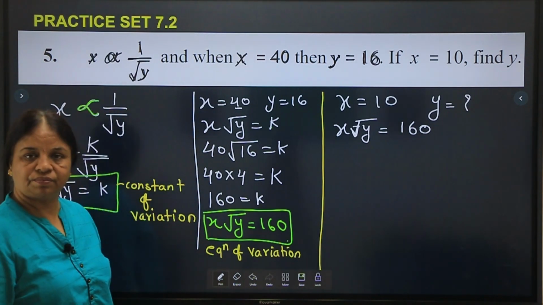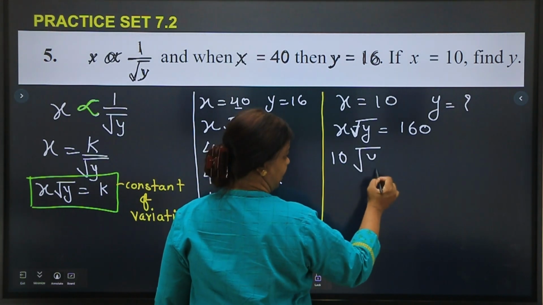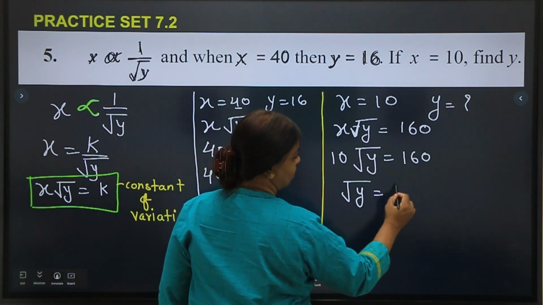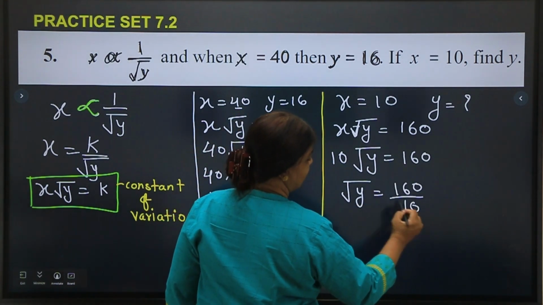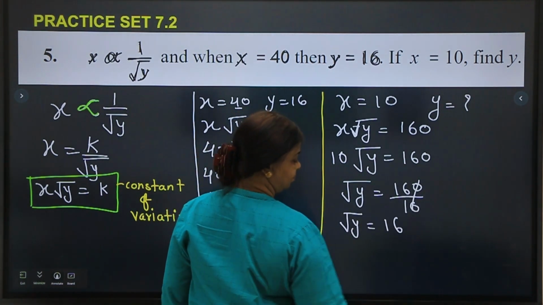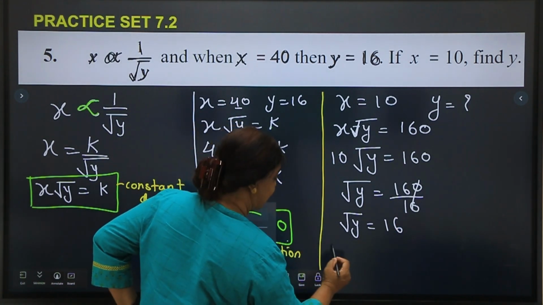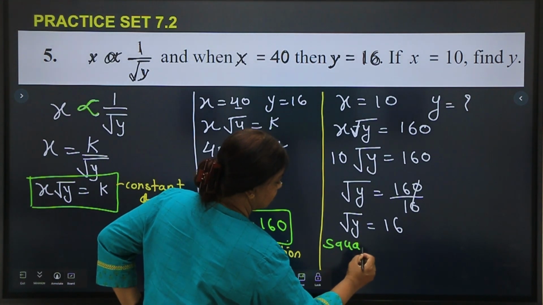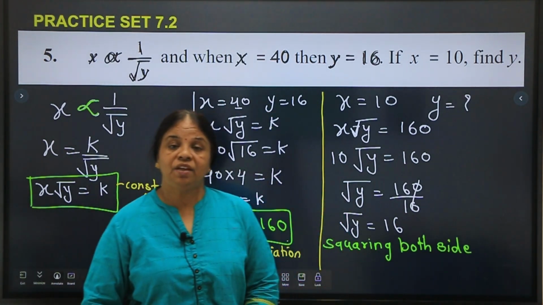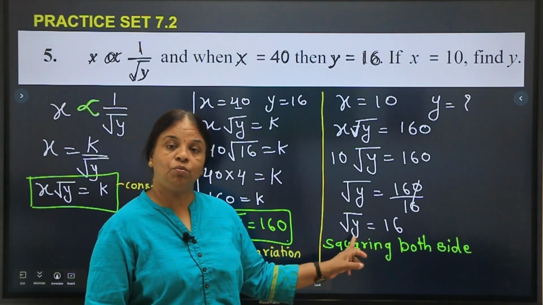Place the values. x value is 10, 10 root y is equal to 160, root y is equal to 160 upon 10, the 0s get cancelled, root y is equal to 16. We will be squaring both sides. Why are we squaring both sides? Because we want to remove the root, and this root can be removed only by squaring both sides.